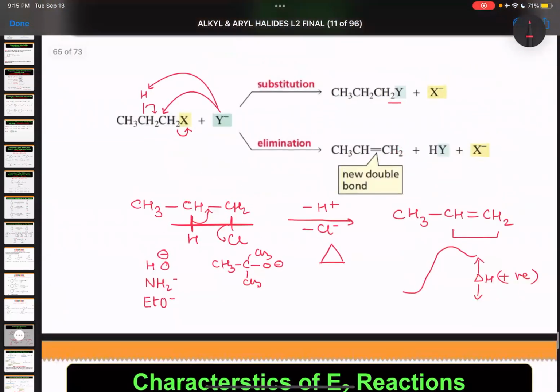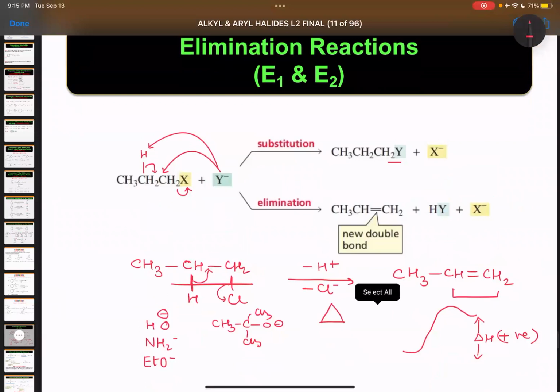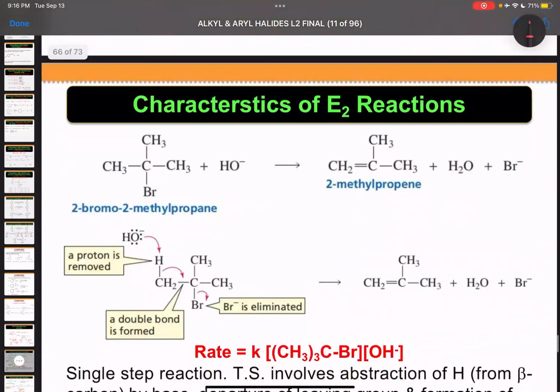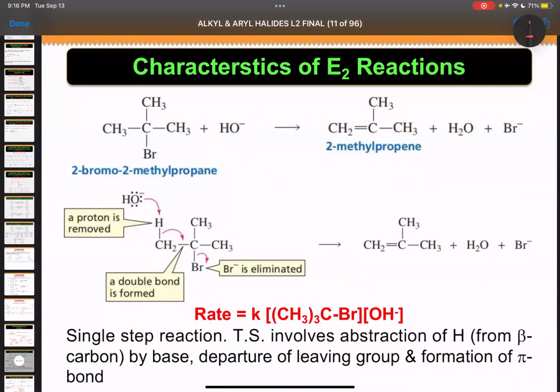Now we can also classify elimination as E1 and E2 depending upon the sequence of removal of H and leaving group and formation of a double bond. Is it clear? So what do you understand by an E2 reaction? What happened in SN2? You can recall that.